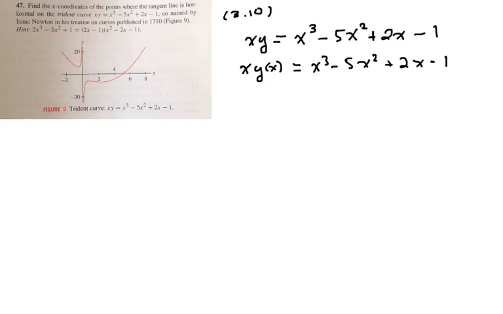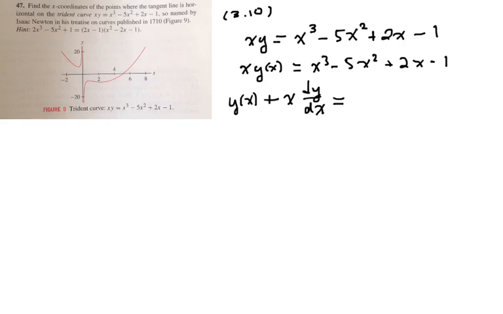If we take the derivative of the first and leave the second the same, we get y. And if we leave the x the same and take the derivative of the y, remember that y is a function of x, so we get dy/dx.